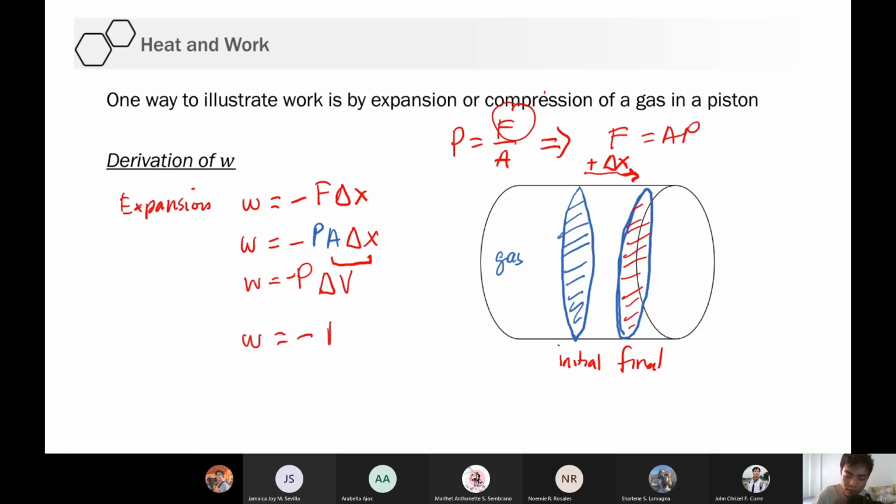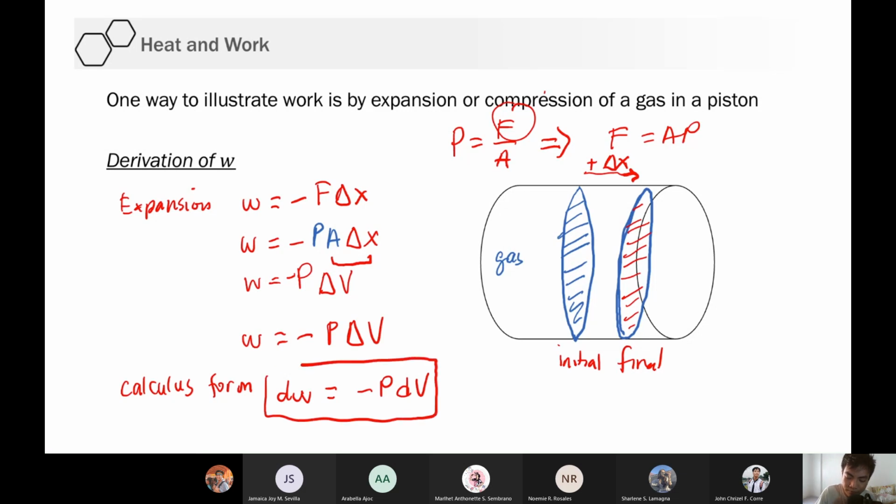W equals negative P delta V. In calculus form, this can be written as dW equals negative P dV.